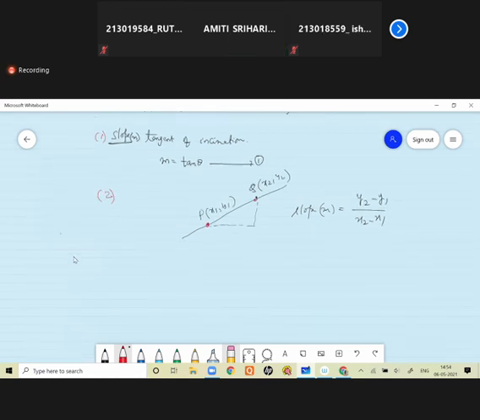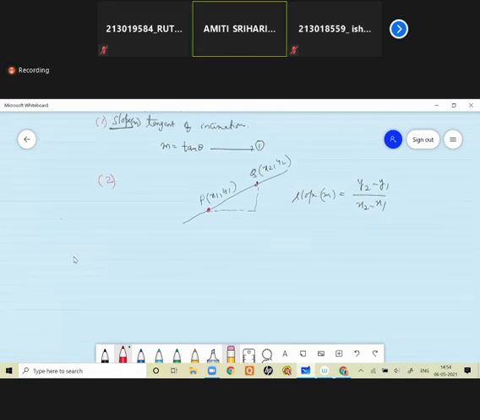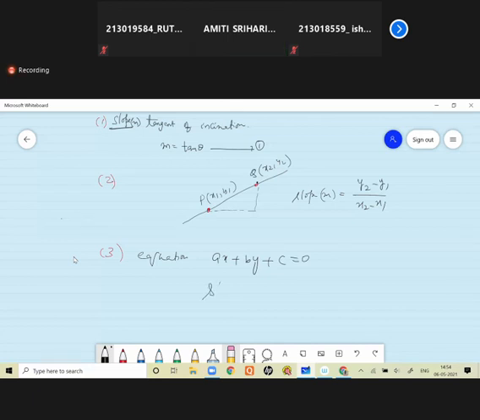If the equation is given, can anybody tell? Equation x by a plus y by b equals 1, or ax plus by plus c equals 0. Then slope is minus a by b. Excellent.